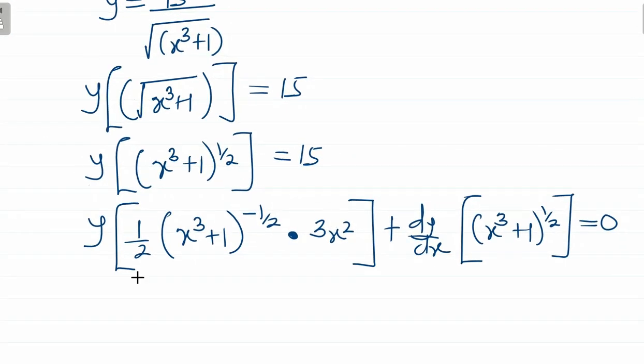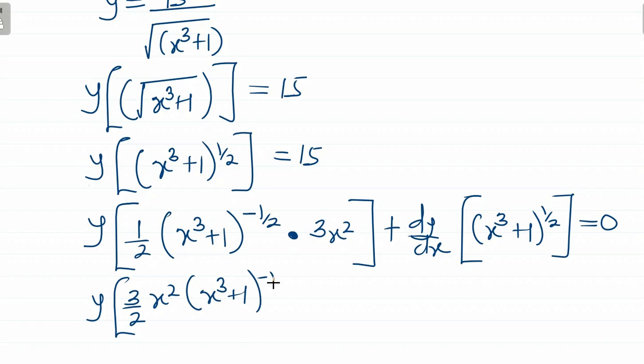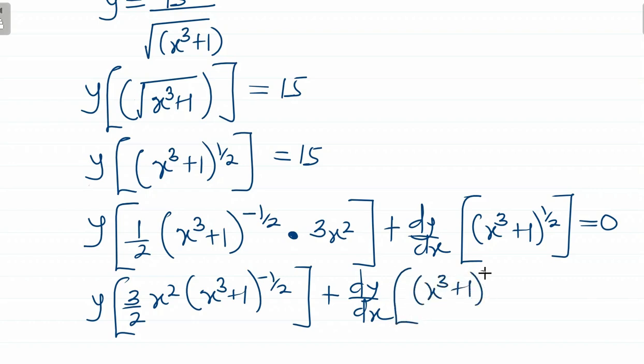Multiplying the function in the bracket gives us y multiplied by 3x squared multiplied by half, which gives us 3 on 2 x squared being multiplied by x cubed plus 1, all exponents of negative half, plus dy/dx being multiplied by x cubed plus 1 exponent of half, which is equal to 0.